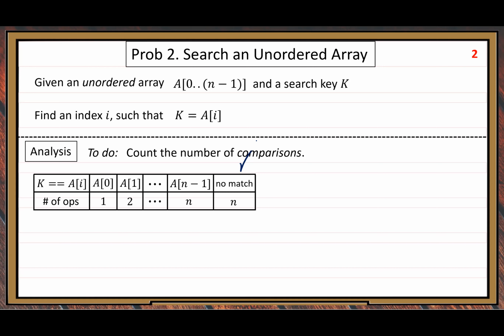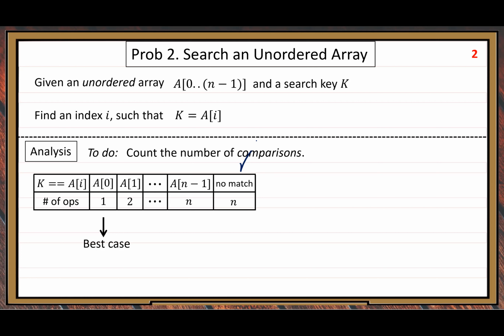So now the question. After we collect all the data we need, let us do further discussion. The first thing is, what is the best case? One is the best case. The minimum number of comparisons you need to find a possible solution. It's possible, right? K equals a of 0.